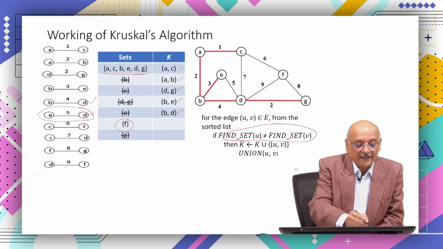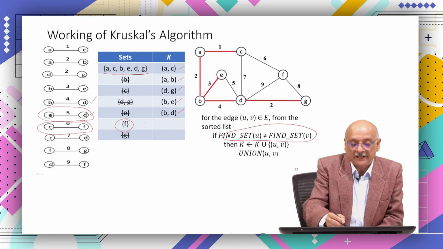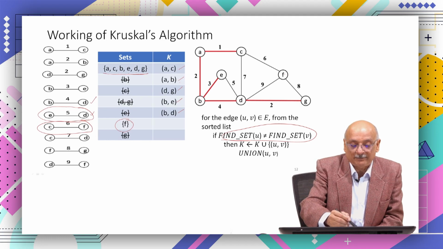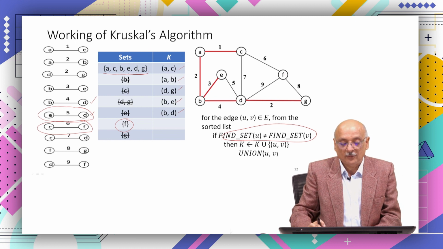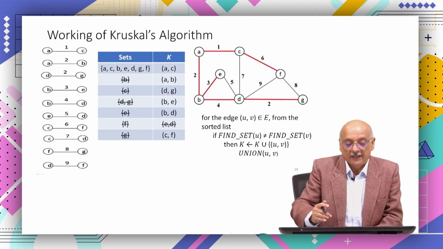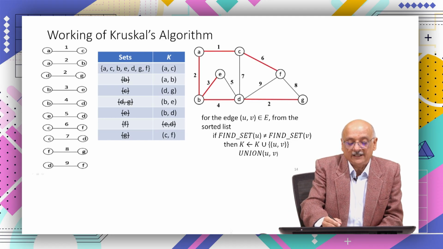Then the final edge, CF, will be taken up. This CF edge is basically this particular edge. F is not part of this set, F is separate. So we will be creating this node. ED was not needed because ED was falling in the same set.